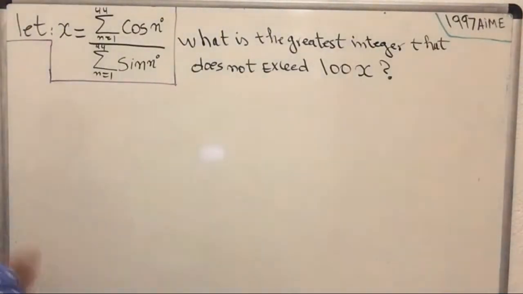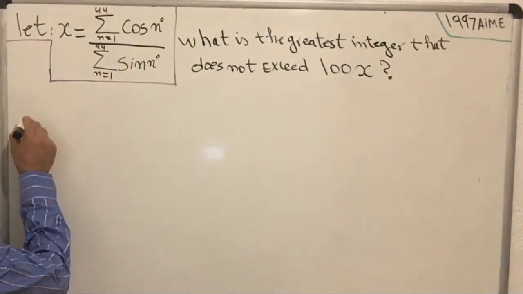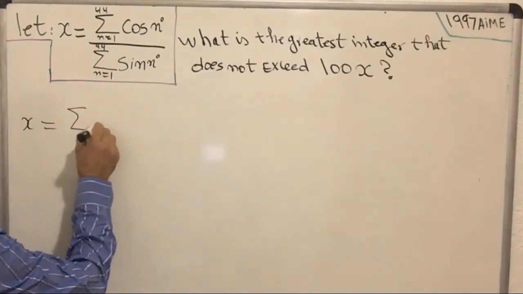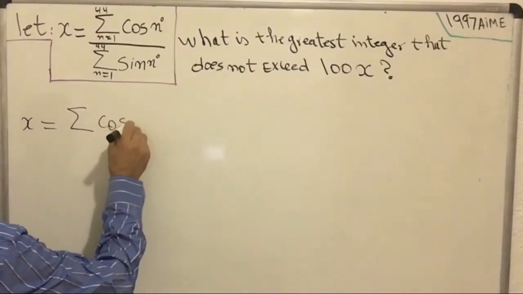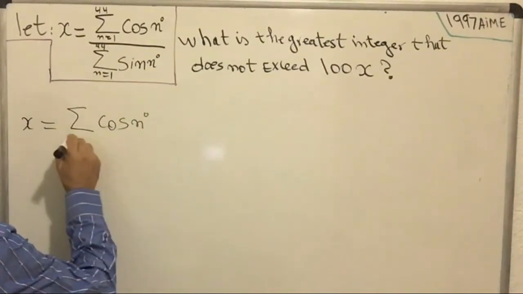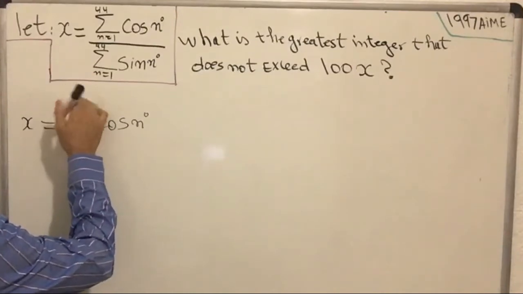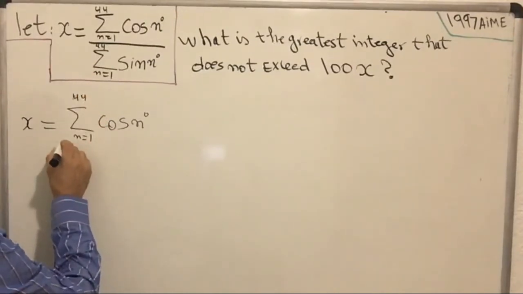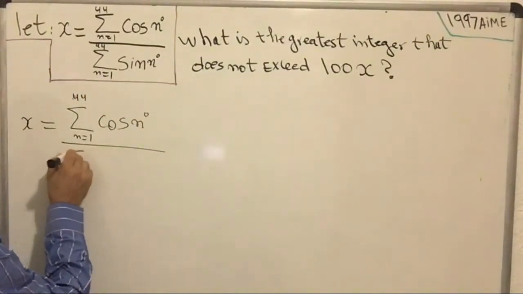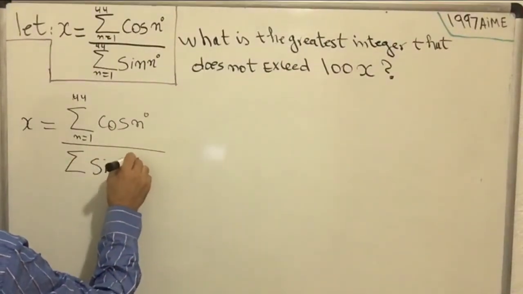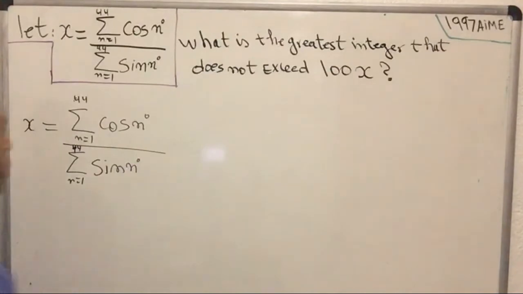So we have x equal to the sum of cosine n, n goes from 1 to 44, over the sum of sine n, n goes from 1 to 44.